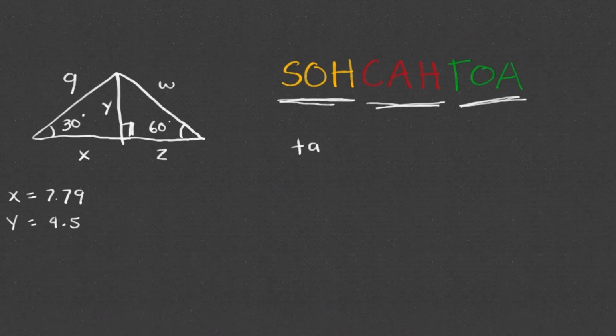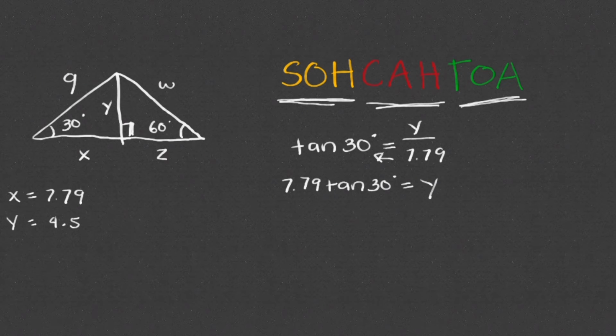So tangent theta, which is 30, is equal to the opposite y over the adjacent x, which is 7.79. Then you cross multiply 7.79 to tangent 30, therefore it will become 7.79 tangent 30 is equal to y. Therefore, y is equal to 4.5. And we got the same answer.